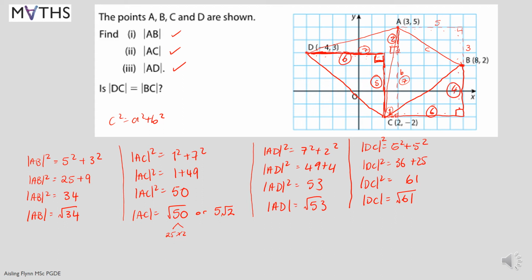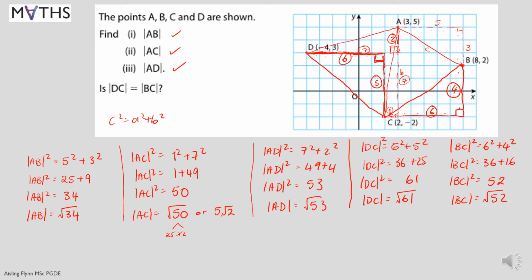So straight away I know they are not going to be the same, but let's show the calculation. BC squared will be 6 squared plus 4 squared. So we get 36 plus 16, which gives me 52, and BC is the square root of 52.